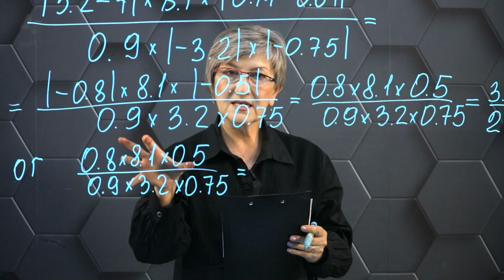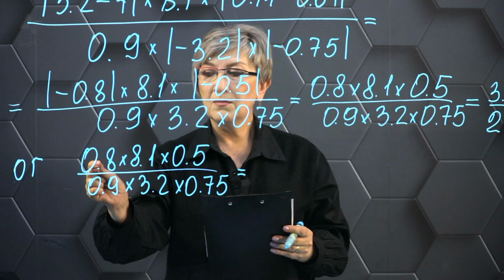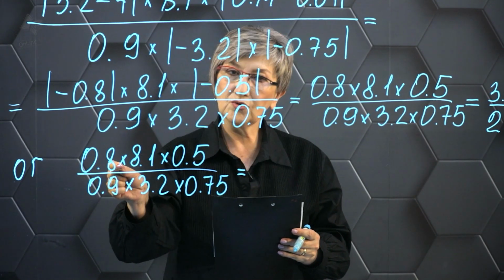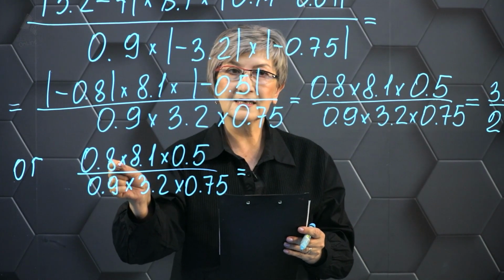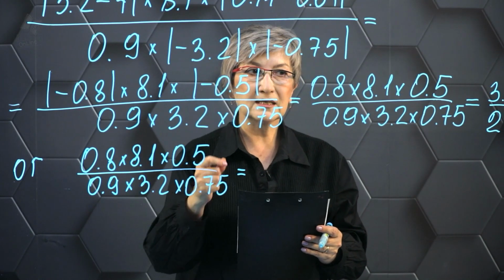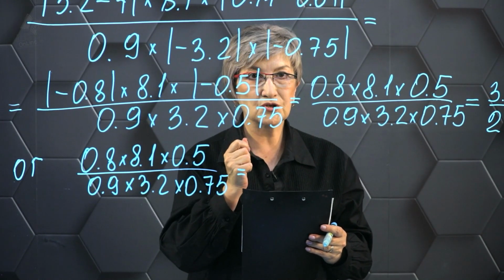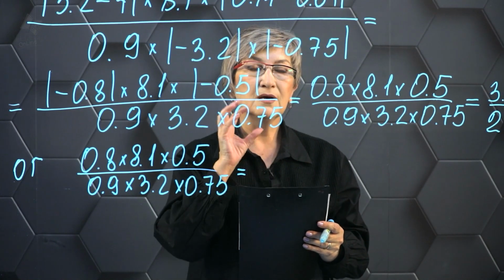In order to find the value of this expression, we can move the decimal point a few places to the right. And then we have a natural number, and natural numbers are much easier to work with.